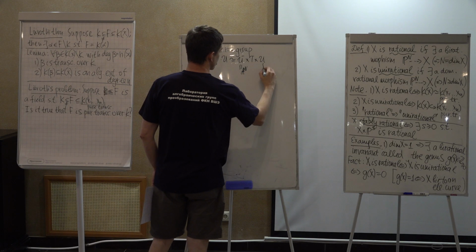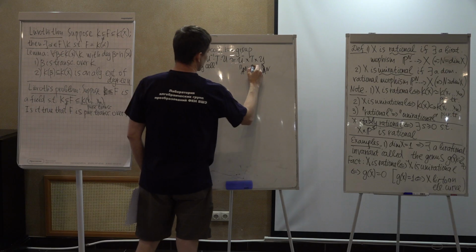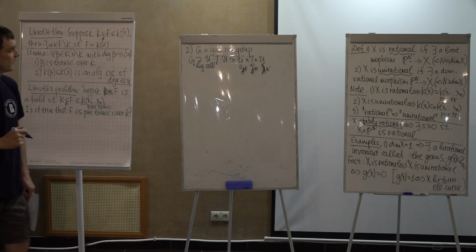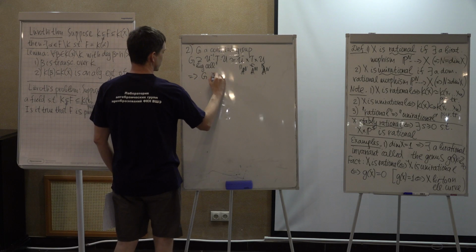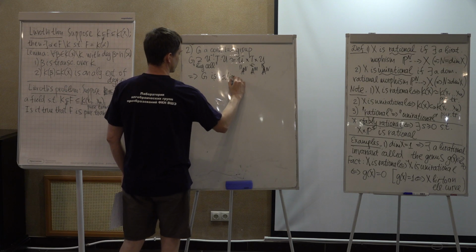So these are isomorphic to A^N. And T can be embedded into an affine space as an open subset, some A^M. And so we conclude that G is rational.